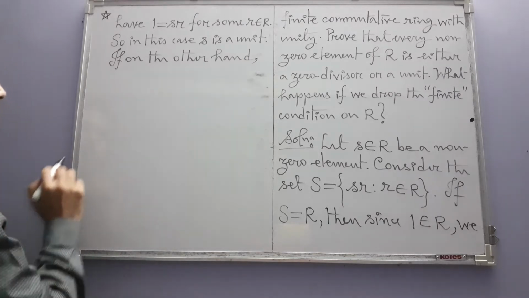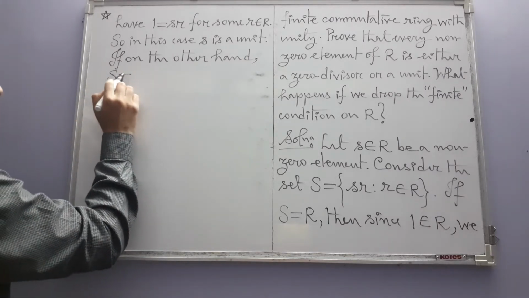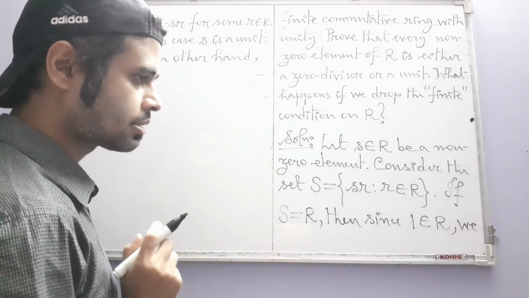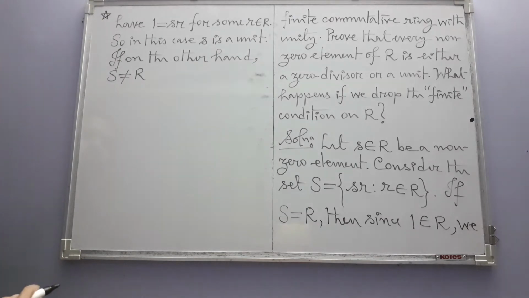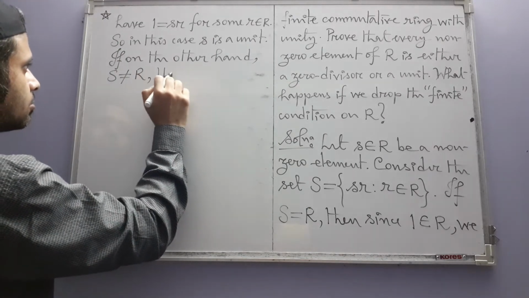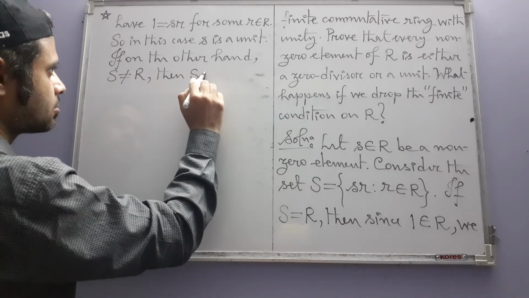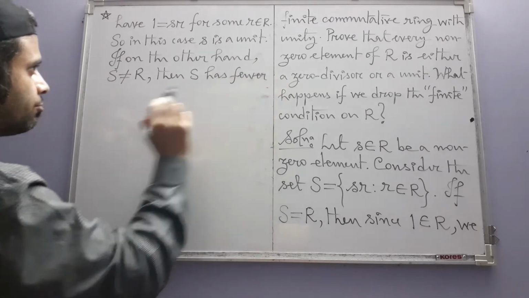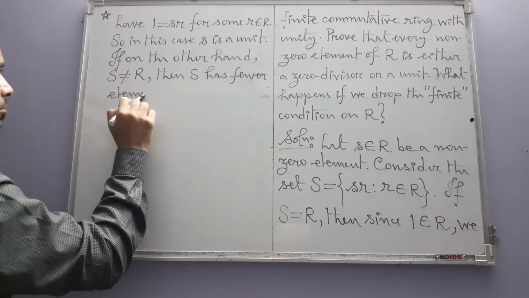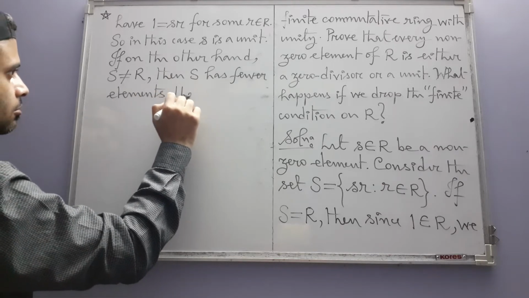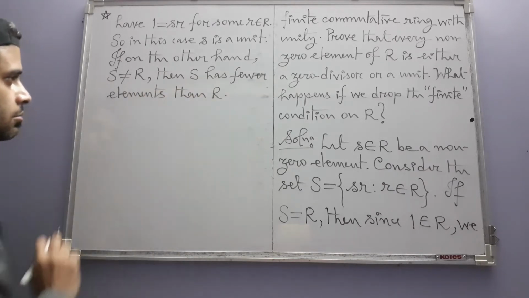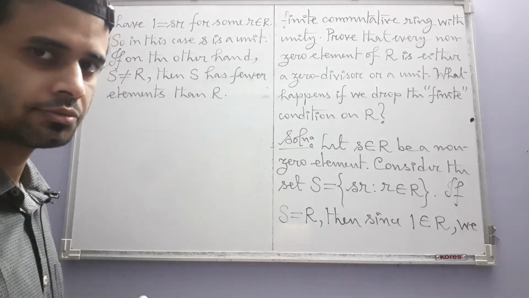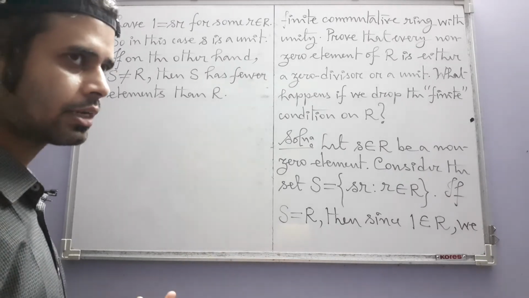If on the other hand S is not equal to R, then because S is a subset of R, S will be a proper subset of R. Then S has fewer elements than R, and it makes sense to say that because the sets we are dealing with are finite, fewer elements, that thing makes sense.